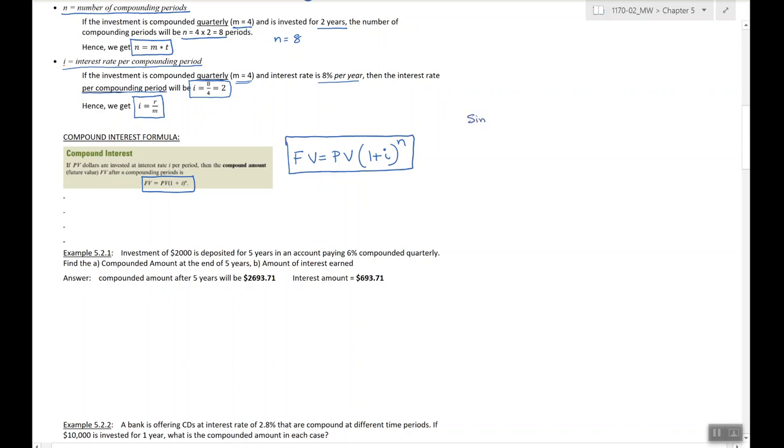Just to remind you, in simple interest, there was no exponent. Your future value was simply present value times 1 plus RT. But now, your future value is present value times 1 plus I raised to the power N. So we have to be quick and comfortable in using the calculator to find these quantities.